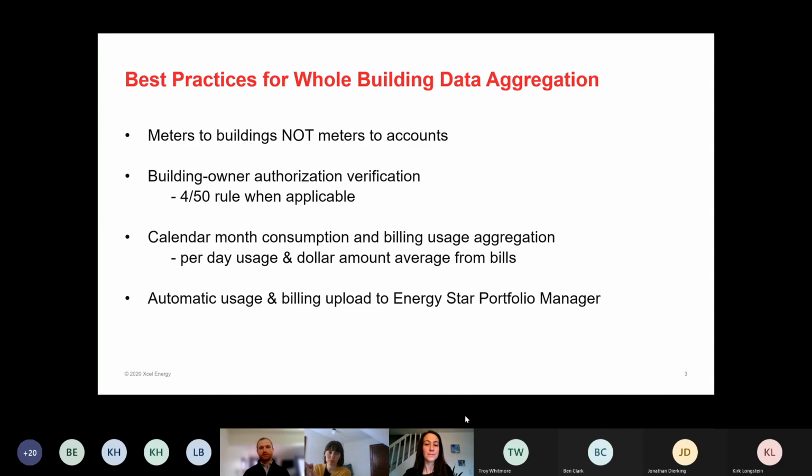I know that some utilities do it by the customer bill dates. I would say in general, you'll probably save yourself some emails and phone calls from customers if you have it in a format that is similar to what they see on their bill, so that they don't run into a bunch of questions when they're looking at their bill and then at what's in Energy Star and it's not quite the same. And then we also automate the usage and the billing upload into Energy Star Portfolio Manager for ease of use and seamless transition.